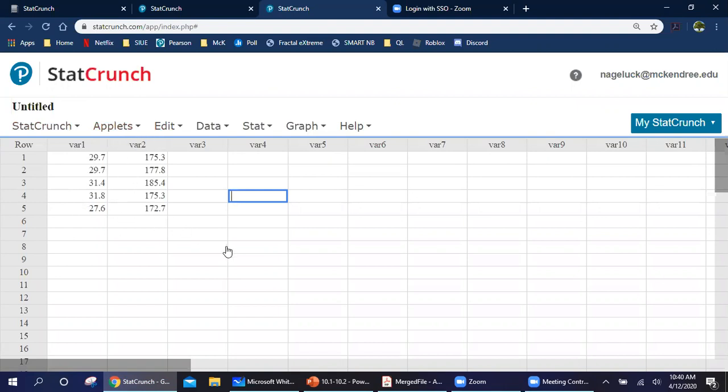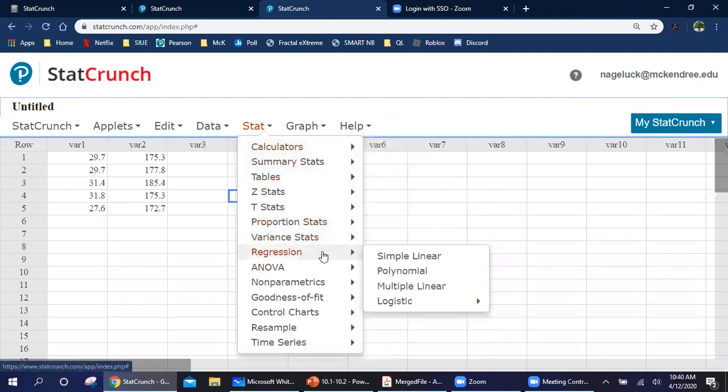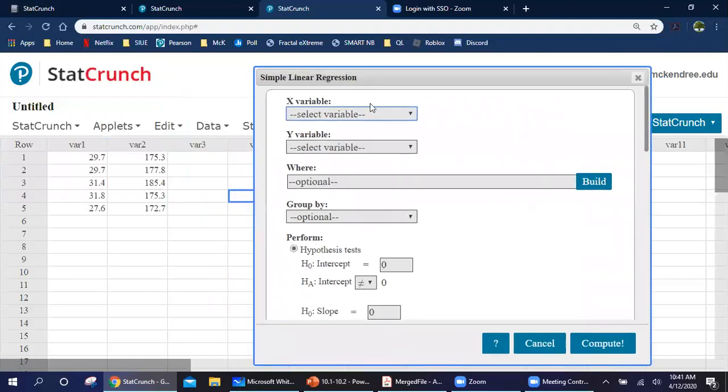It's very simple to calculate the linear correlation, the R value. I just go stat, regression, simple linear. I basically just tell StatCrunch what column is my X variable. That's going to be in the first one. What column is my Y variable?